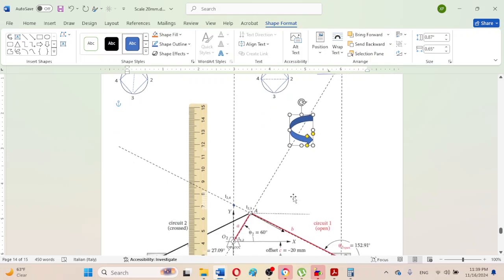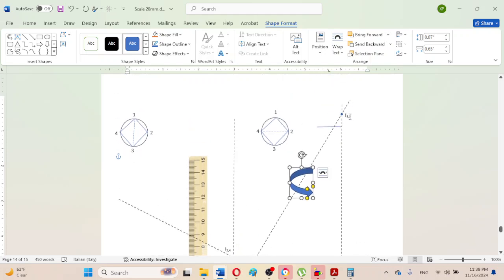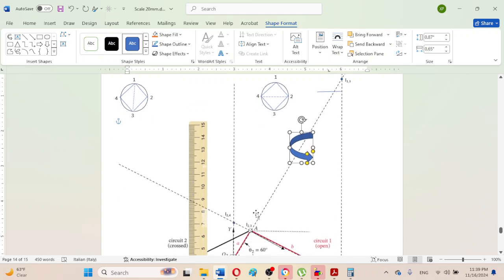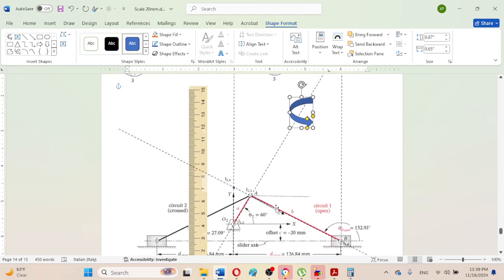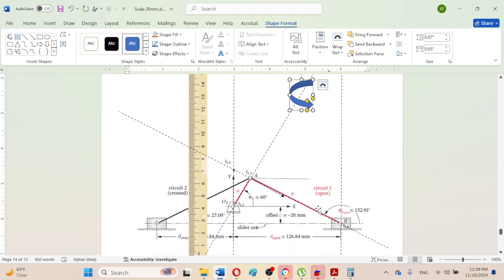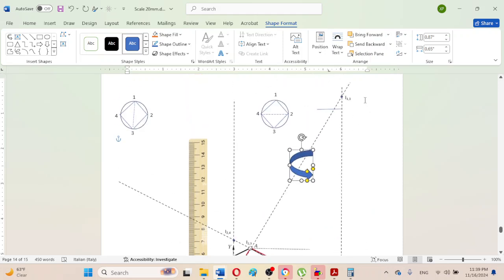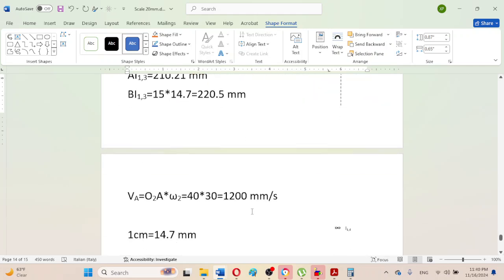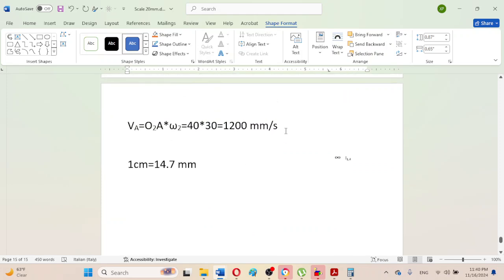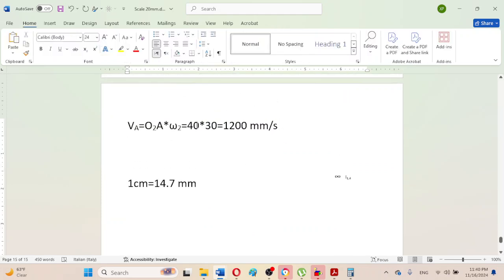So the distance from point A up to the instant center I1,3 is the radius of pure rotation for the link in complex motion, because this link has been mapped into pure rotation about this instant center I1,3. So now we can write omega 3, which is the angular velocity for the link in complex motion, which is the connecting rod AB.